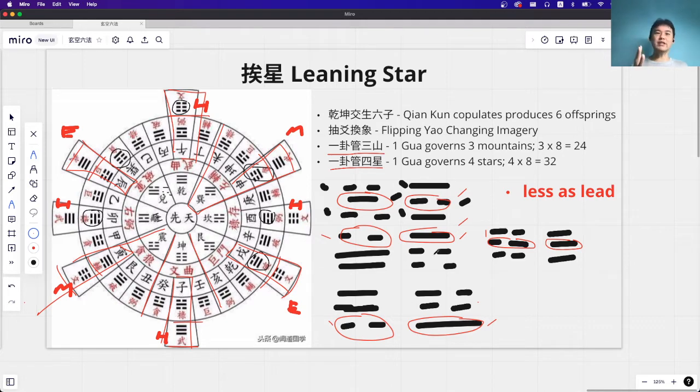When you have the 4 stars, you then need to arrange them. Because in the last step, when you flip all 3, it doesn't bring back the parent gua. The parent gua is basically Qian Kun. So you need to use this method to decide where you place that additional parent gua on top.